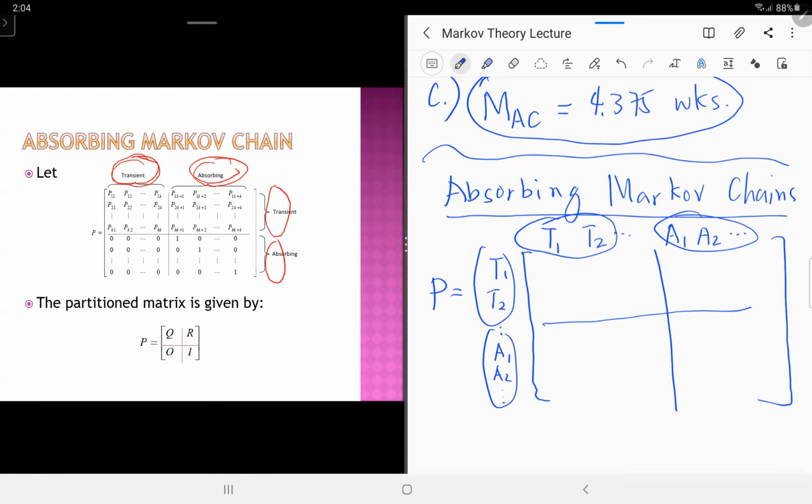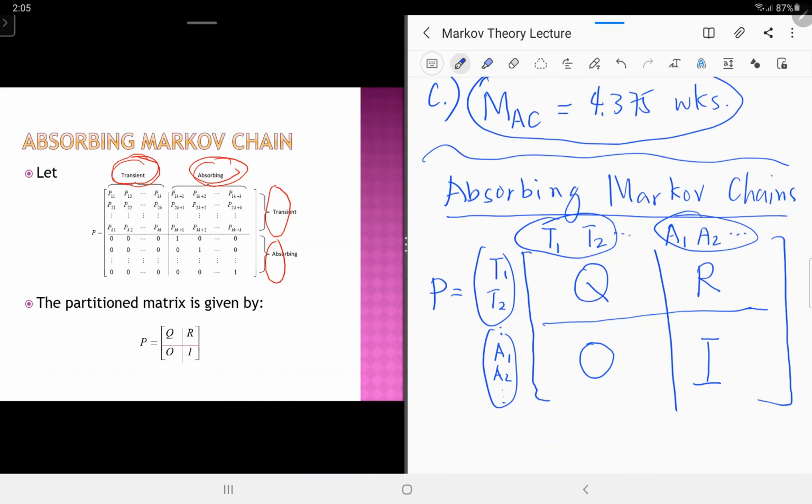When you finally divide this transition matrix into four quadrants, we will label these as matrix Q, matrix R, matrix O, which corresponds to a null matrix, and an identity matrix I. So all absorbing Markov chains can be divided into these four submatrices, Q, R, O, and I.